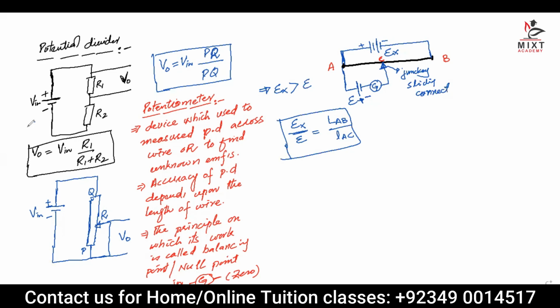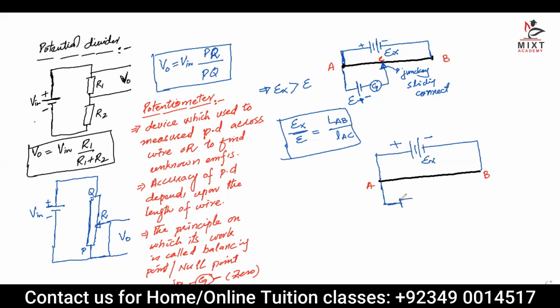There is another question coming on the potentiometer with a slightly different picture. The same wire and the source battery are there according to the above diagram, but there will be no second battery.